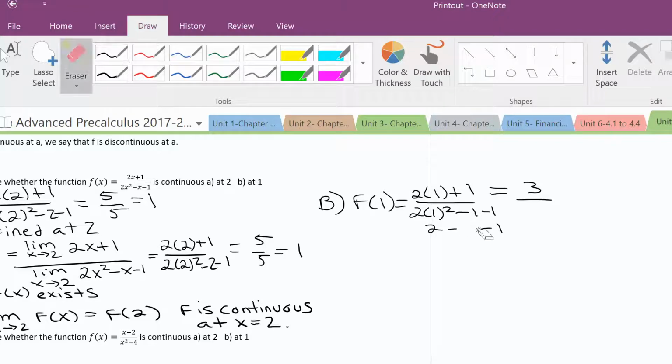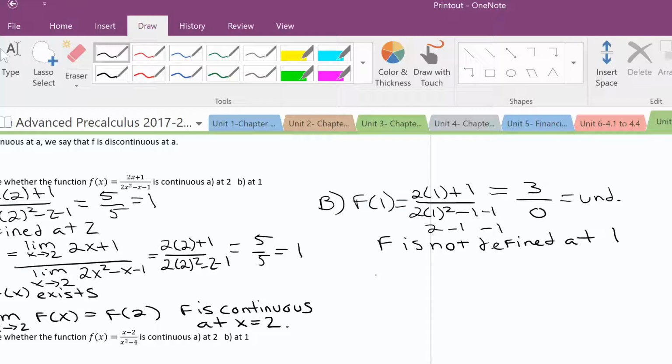That should be a 1. Sorry about that. So then it's 0, which means it's undefined, which means f is not defined at 1, which means f is discontinuous at x equals 1, meaning that there's not a point there. It would either be a hole or an asymptote or something like that.